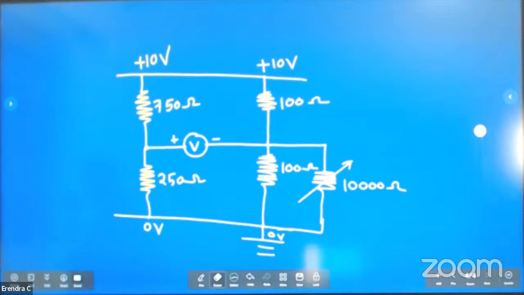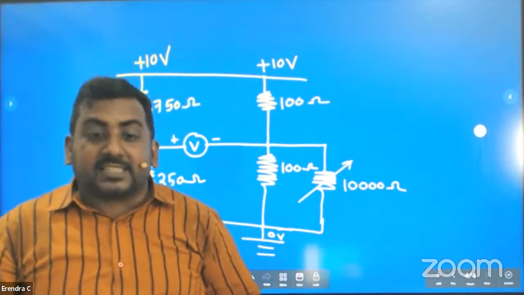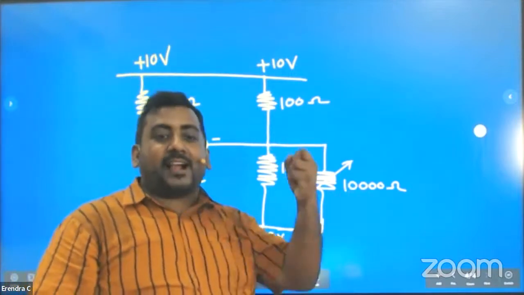So which one is larger? 1 over 100 is larger. Very good.